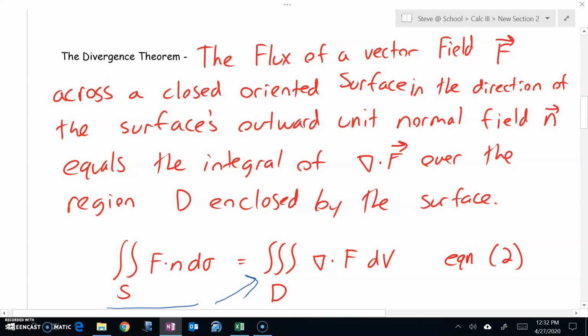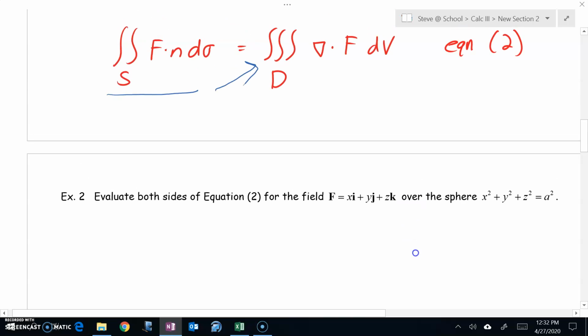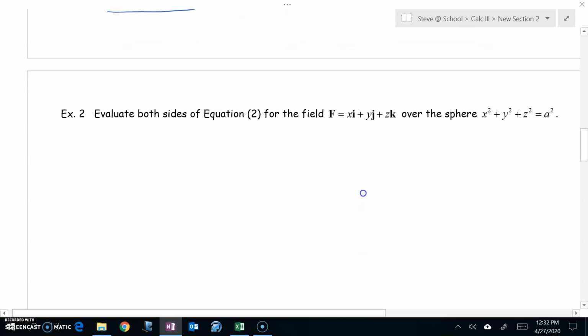So the second problem, or second example, on this next page says evaluate both sides of that equation I just wrote down. Okay. Well, first thing we need to do is find the normal vector, and remember, flux is the normal vector of the surface. So here's my surface.